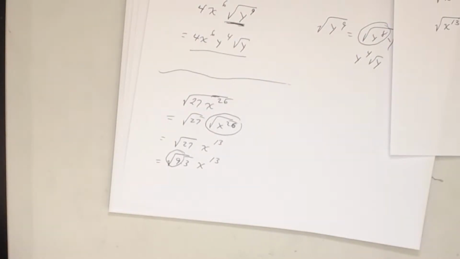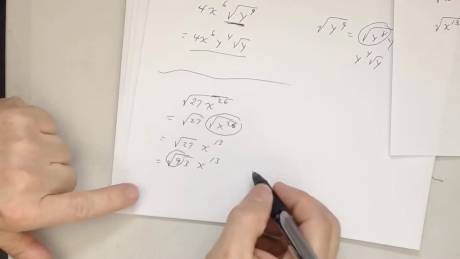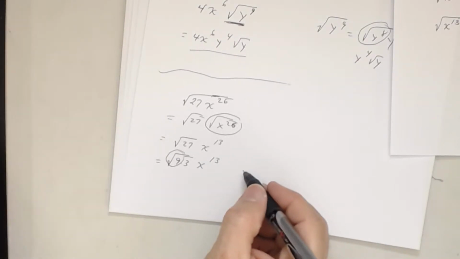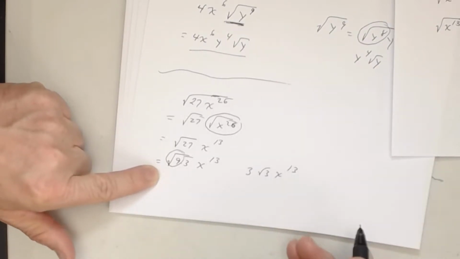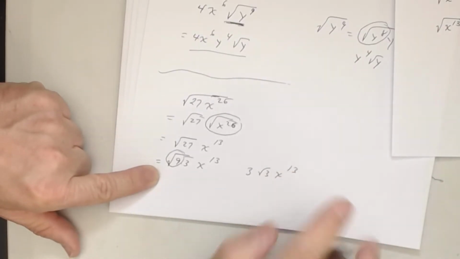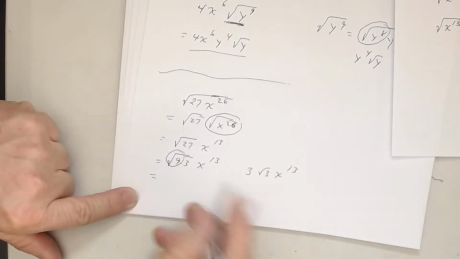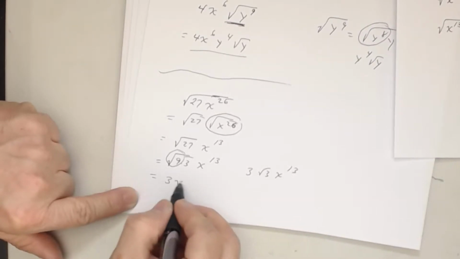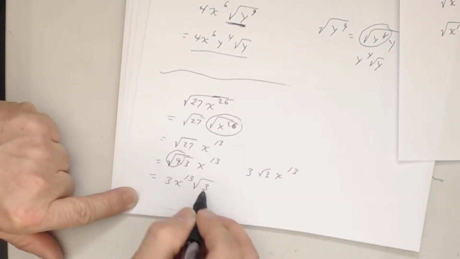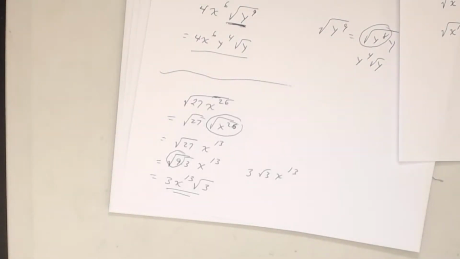Even though it's equivalent, even though you could say 3 square root of 3 times x to the 13th like that, put the radical on the end, and put the number in front. So it'll be 3x to the 13th times the square root of 3. Okay? So we tend to put the square root on the outside. If there's a variable involved, we put it right in front of it, and then the coefficient in front of that.